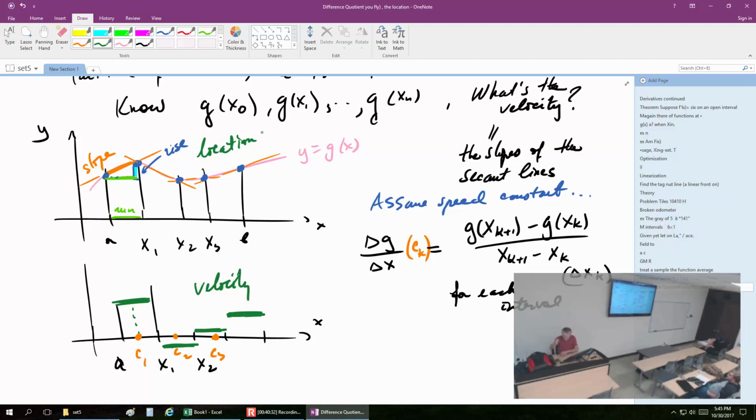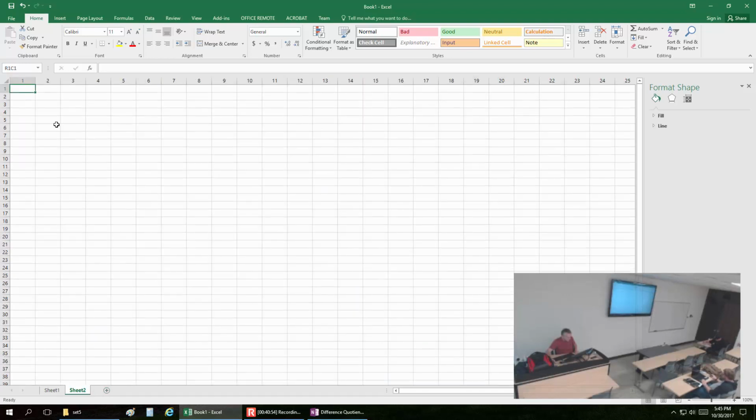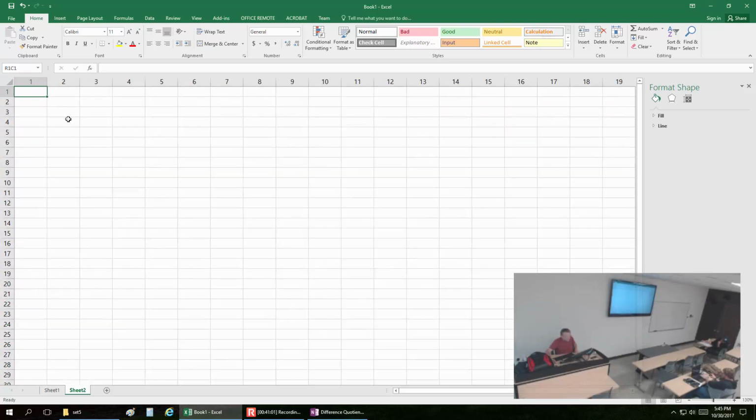I think we have enough time to make a quick spreadsheet for this purpose and have a difference quotient computed in the same manner. Just remember the function is different. So let me start a new one. I put h here again, 0.1.